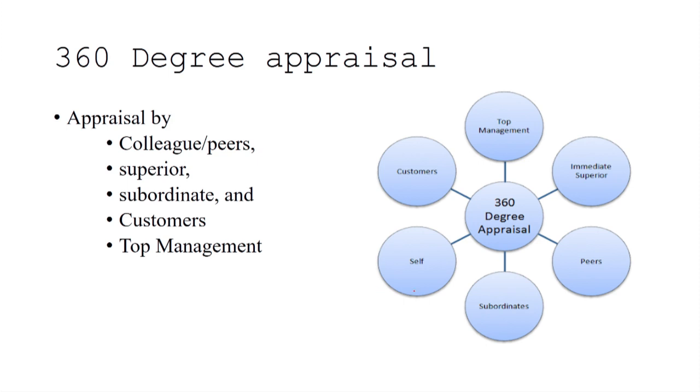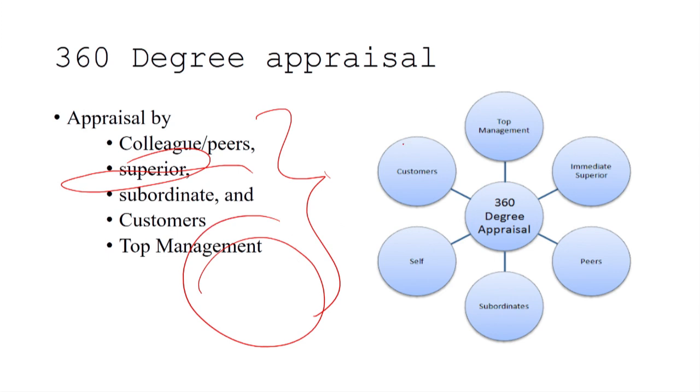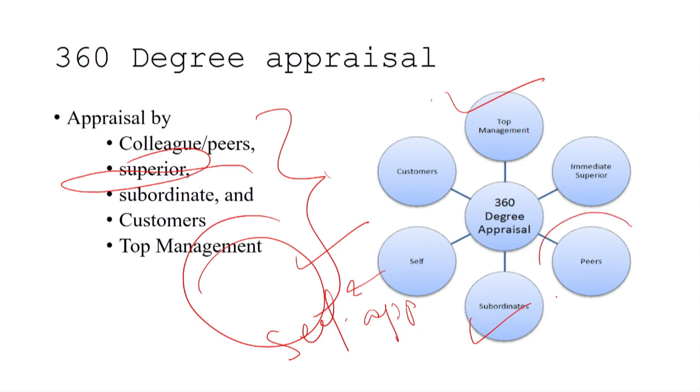This method says that it is not just your superior who is going to talk about the performance. It is everywhere. 360 means all around. So whether it is the top management or the subordinates, or the self, in the self-appraisal form, if you remember, we just talked about, where everyone is supposed to fill up the self-appraisal form. Or maybe your colleagues, your immediate supervisor, or the customers with whom you are dealing.